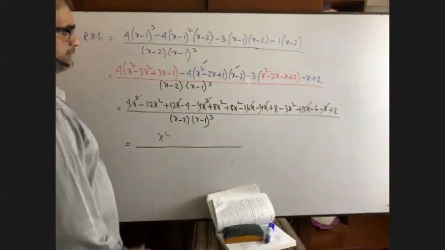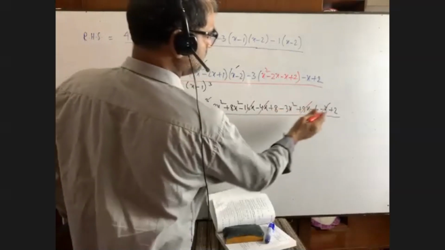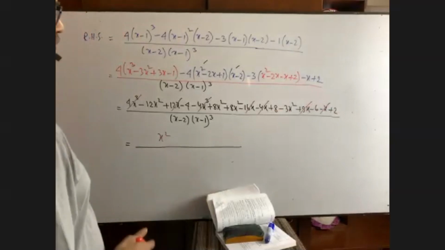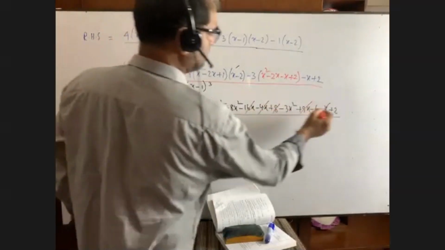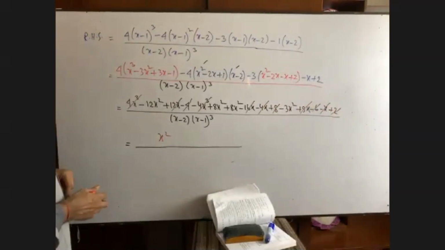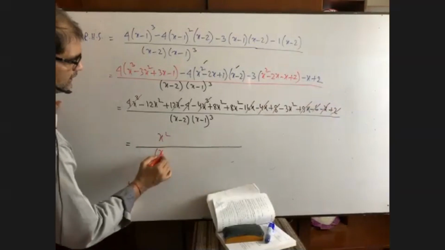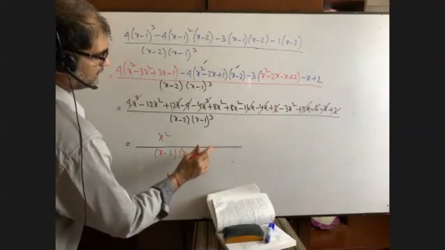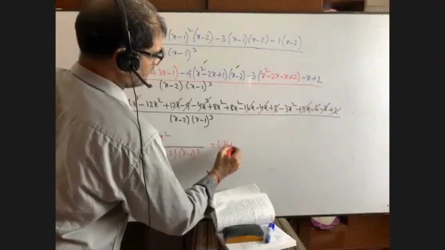Now you see, minus 4. This is minus 6 plus 2. Minus 6 equals minus 4. Minus 4 minus 8 plus 8. Minus 4 plus 8. It will be omitted. So we are left with only x square in the numerator and the denominator as it is. So we have got our left hand side equal to the left hand side.